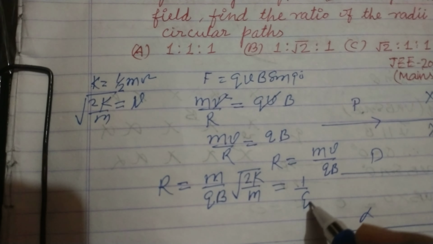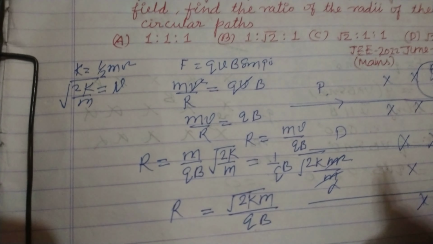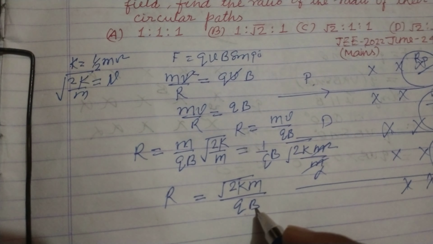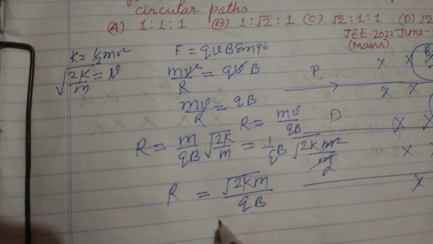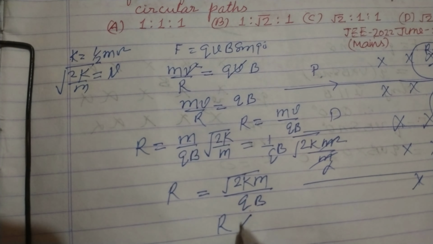So we divide by m and get r equals under root 2K m over qB. Here the kinetic energy of the particles is the same as given in the question, and the charge on the particles is different. The magnetic field is also uniform, therefore r is directly proportional to under root m over q.